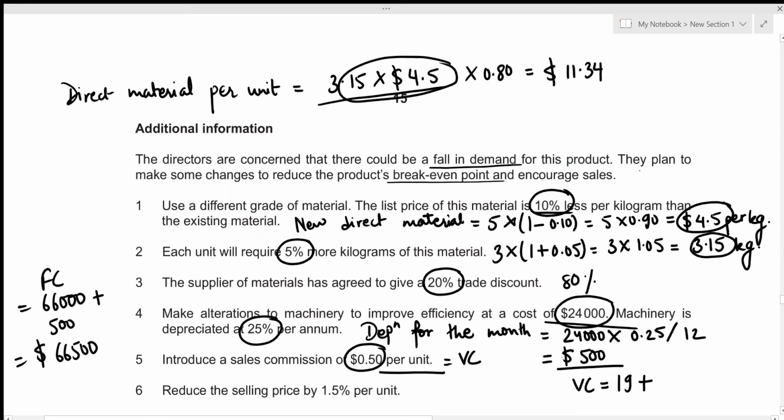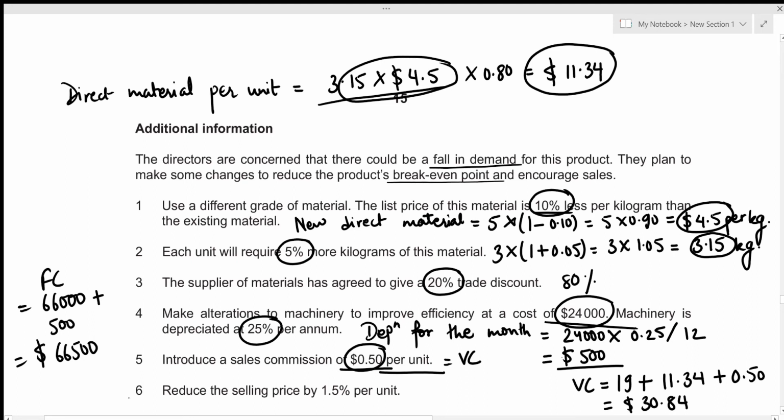Then we figured out our direct material per unit. That was 11.34. So let's add it, 11.34. And then we are also given that there is a sales commission per unit, which is again a variable cost, and that's 0.50. So let's add it as well. So this gives our new variable cost to be 19 plus 11.34 plus 0.50, which results in 30.84. So this is the new variable cost.